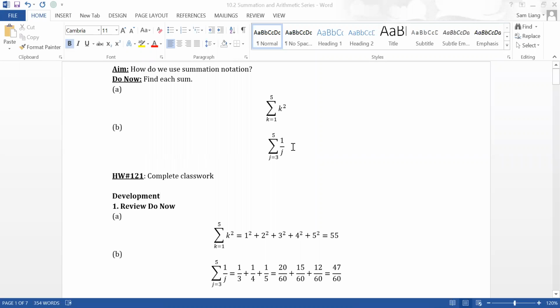So a for loop runs some operation, some function from one number to an ending number. So in this case, it's like 3 to 5. Over here, it's 1 to 5. And then we're going to run that to k squared. I guess the only difference here is that in each of these cases, we're going to add them, but for the for loop in coding, you don't necessarily have to add all of them. But yeah, this is exactly the same type of mechanics, just running from 1 to 5 for some formula.